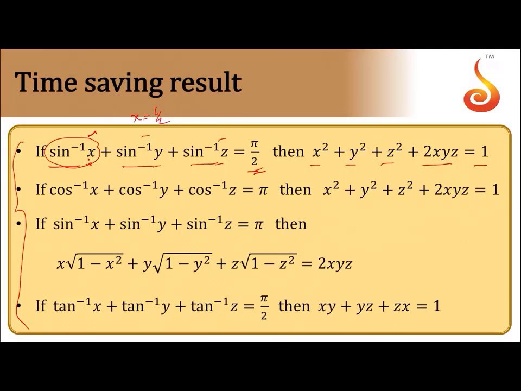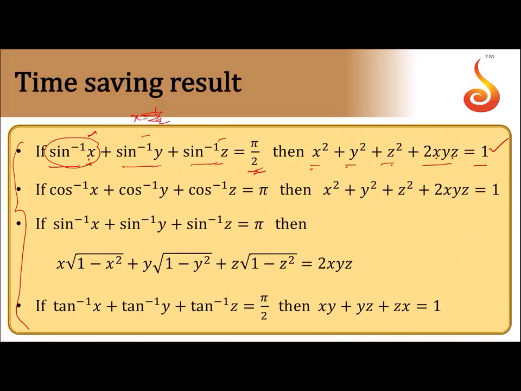So x will be equal to half. Then you'll be getting 1 by 4, 1 by 4, 1 by 4, plus 2 times 1 by 2, 1 by 2, 1 by 2, and simplifying, you'll be getting 1 over here.